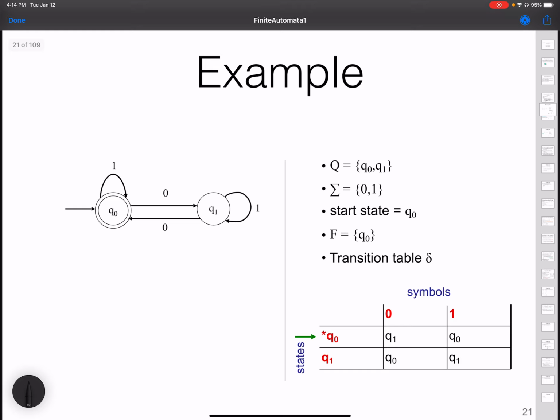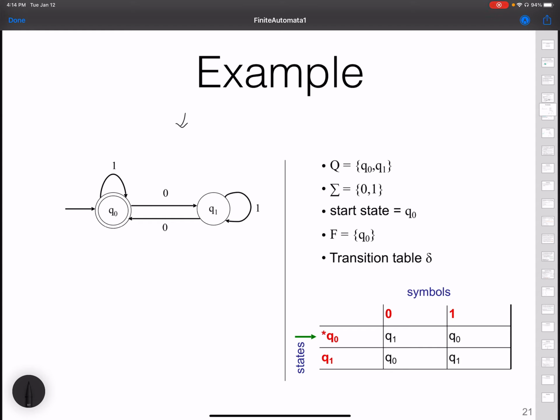Okay, you can represent a DFA either using a state diagram this way, which is very visual and makes it much easier to read and understand for us as humans, or you can represent it as a table.